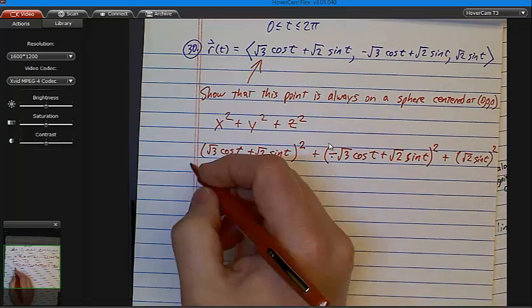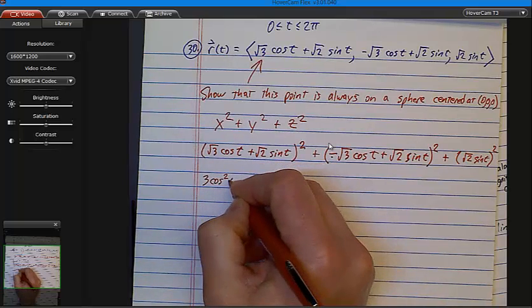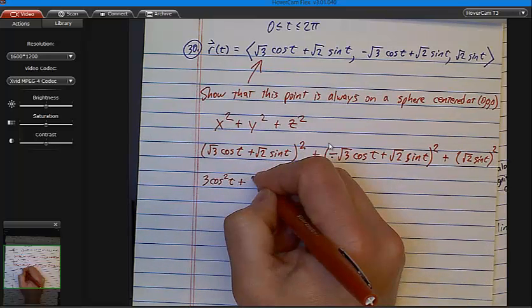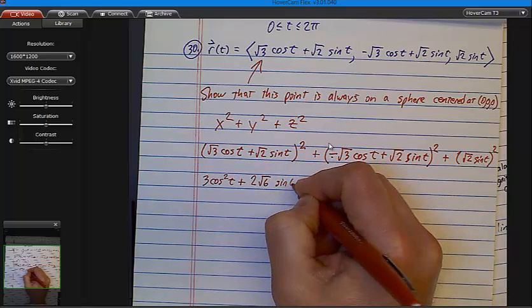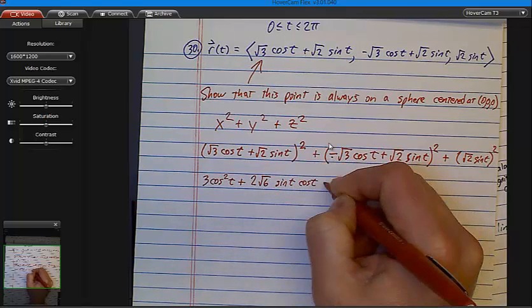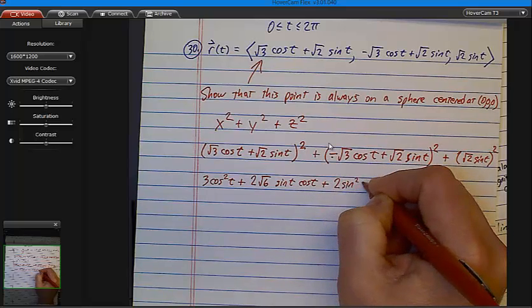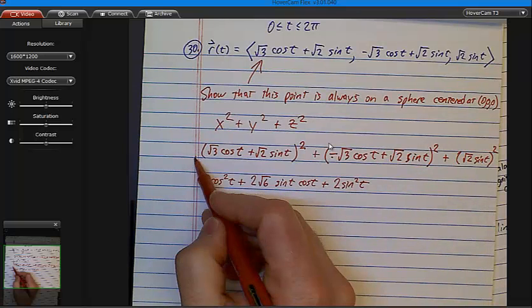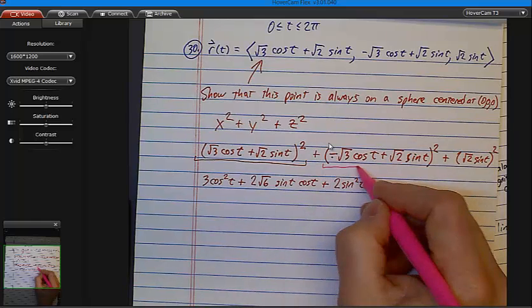When I square this guy, I get 3 cosine squared t plus 2 radical 6 sine t cosine t plus 2 sine squared t. So that's this piece right here so far. And now I'm going to work out this piece here.